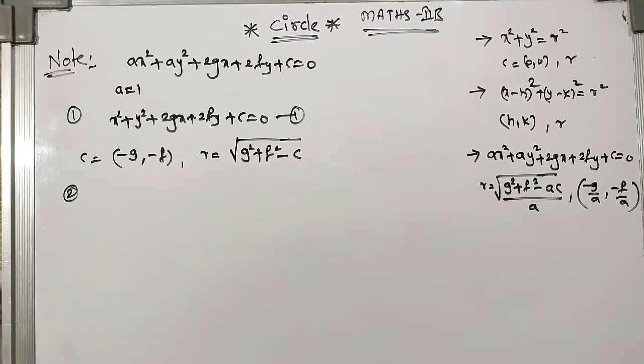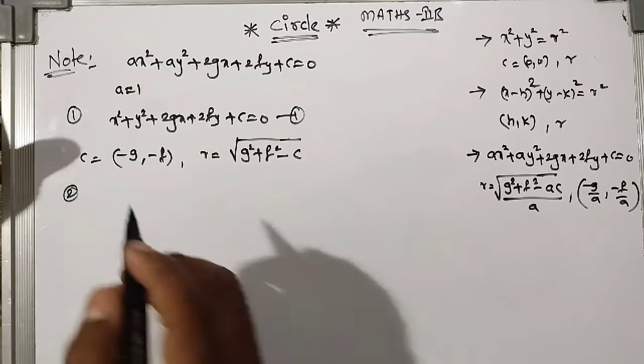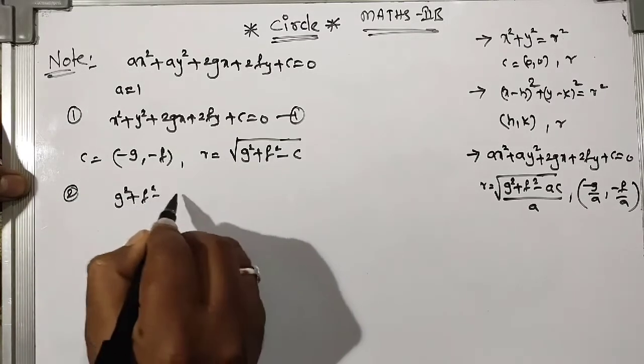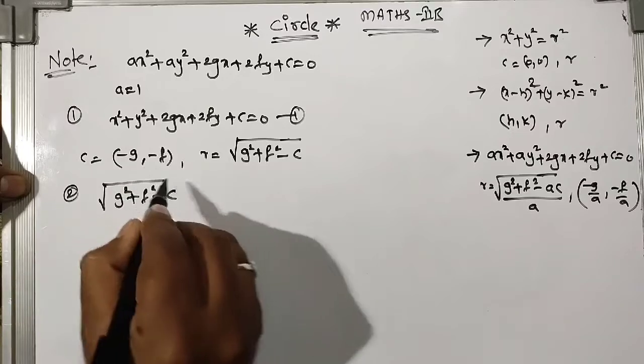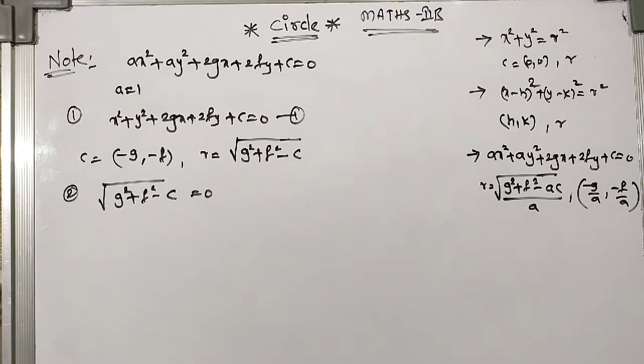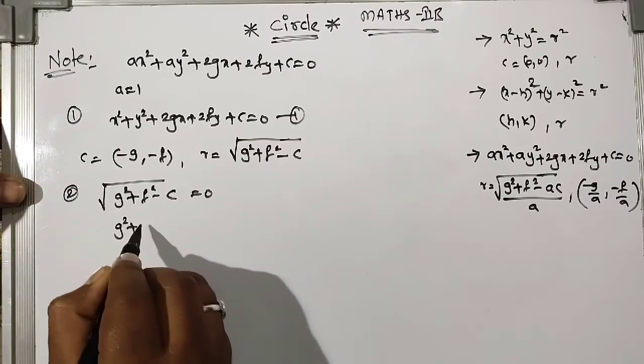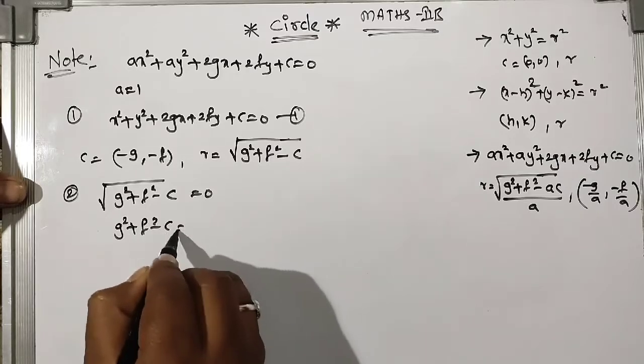if the radius becomes 0, if g square plus f square minus c, this is the radius, becomes 0. If any circle has the radius 0, then g square plus f square minus c is equal to 0.